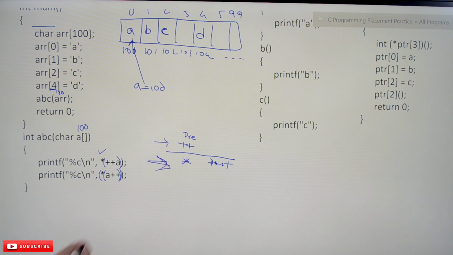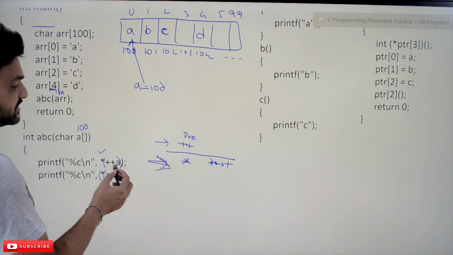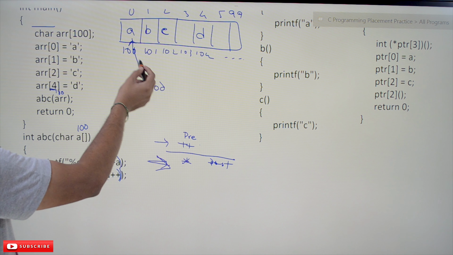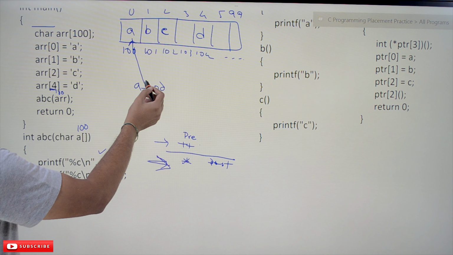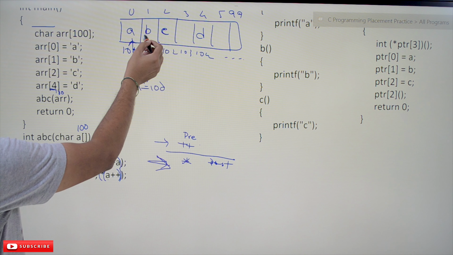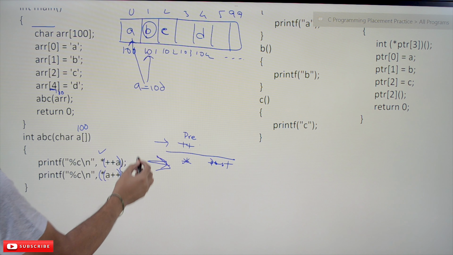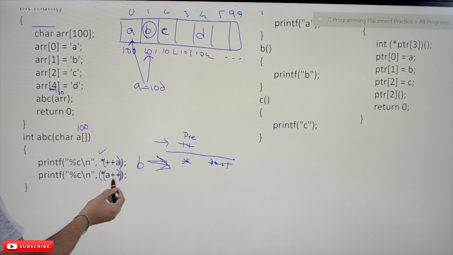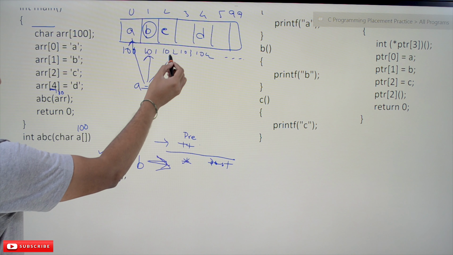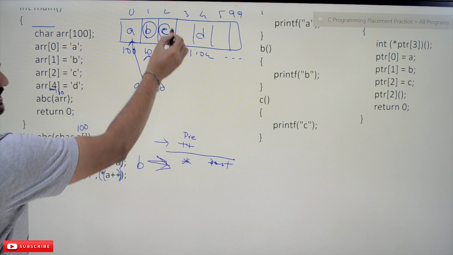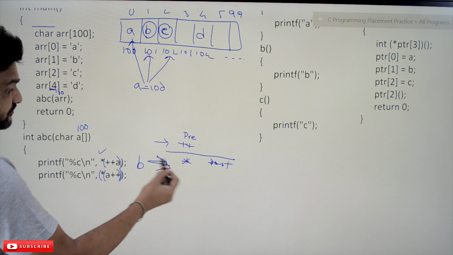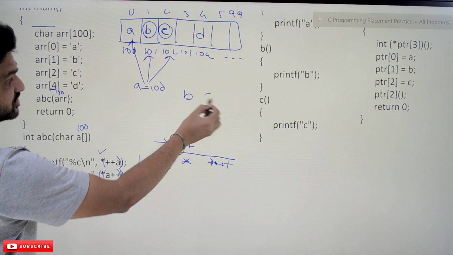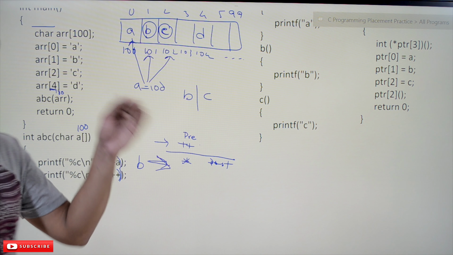Generally we think it is going to produce: ++A means A will be pointing to 101, and star means B will get printed. And A++ means again this will point to 102 and C will get printed. So this is what we expect: B and C is going to be the output.